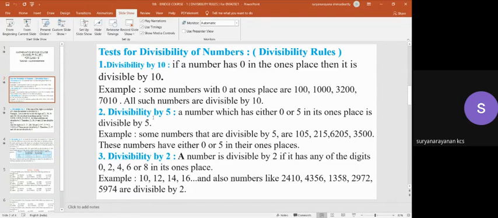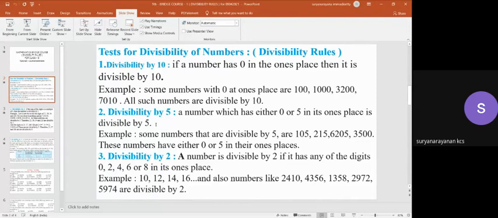Now come to the next divisibility rule. Divisibility by 5. See this rule, my dear children. A number which has either 0 or 5 in its ones place is divisible by 5. Here also, to test whether the given number is divisible by 5 or not, we concentrate on ones place.